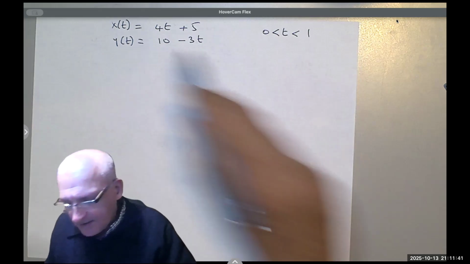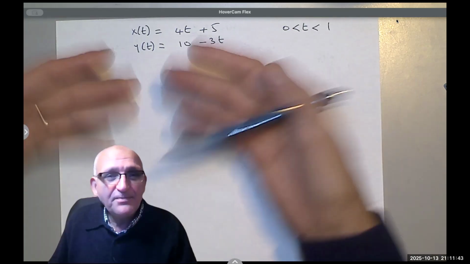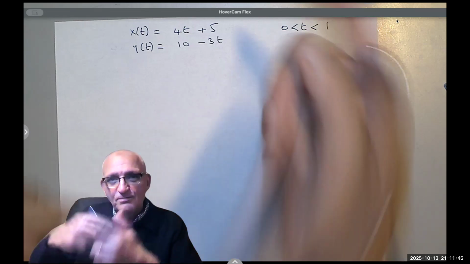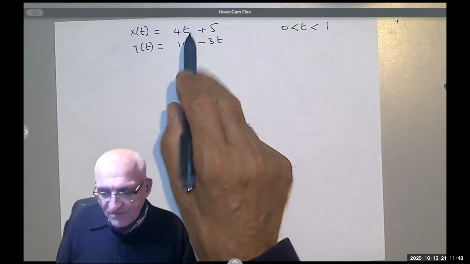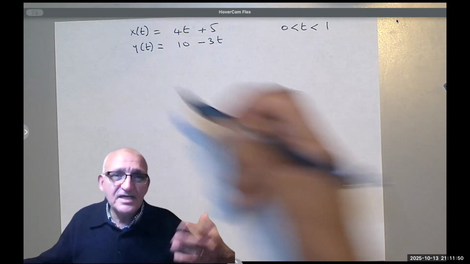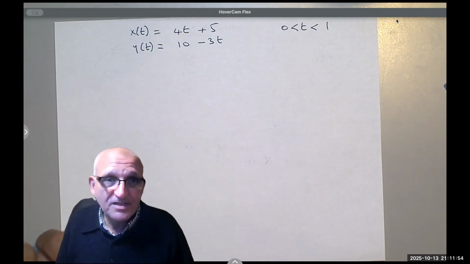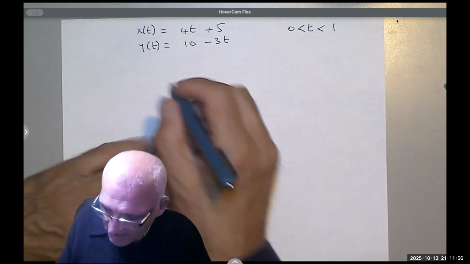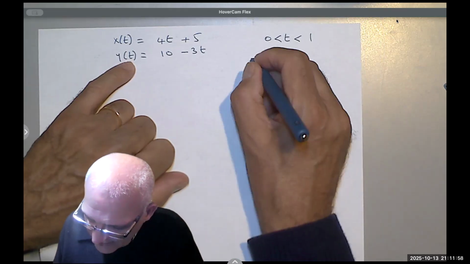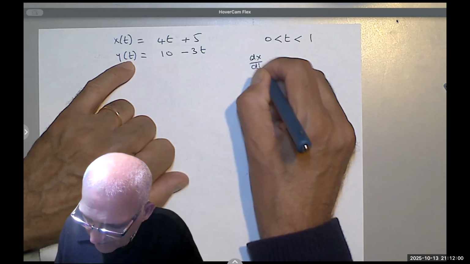Okay, so again, you can do it backwards and come up with a value of t and then substitute and get the relationship between x and y, but it's much easier to do it this way, right? Because first of all, we need to find dx dt.